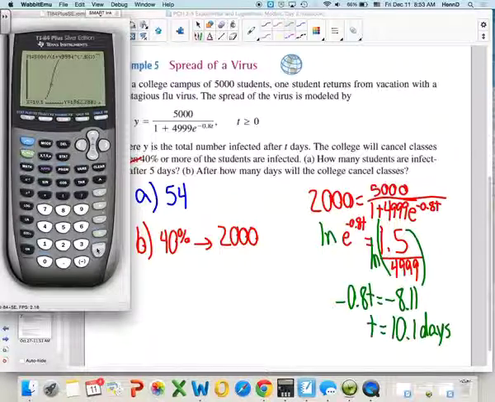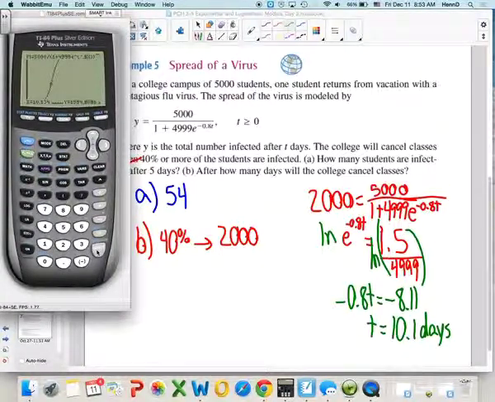But there's 10.1, we're at 1962. Okay, so let me see, 10.11, 1971. All right, 10.34. There we go.